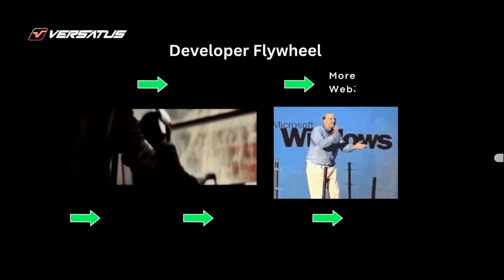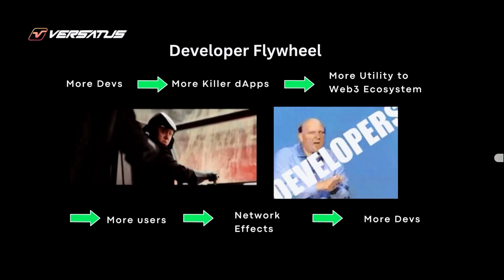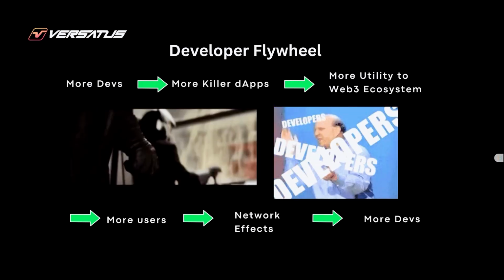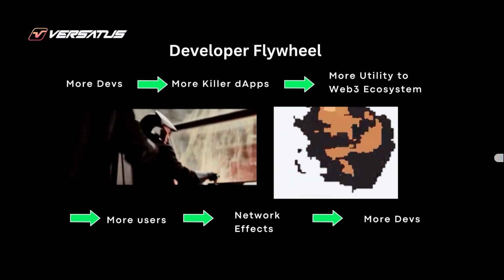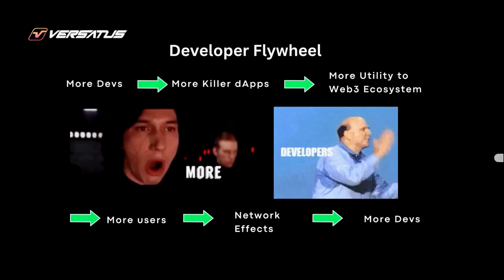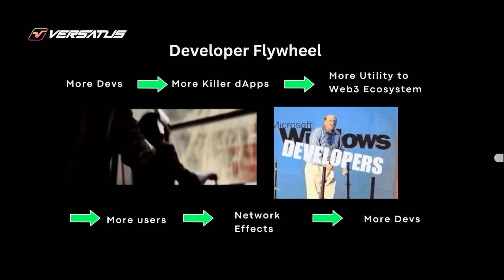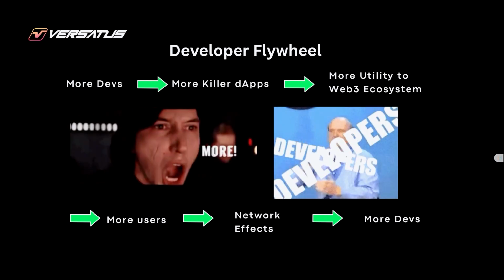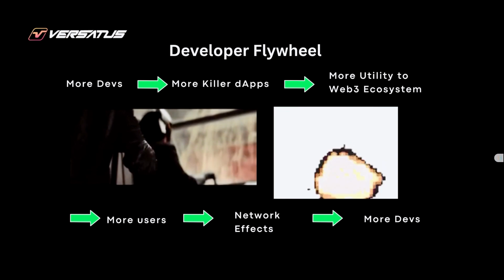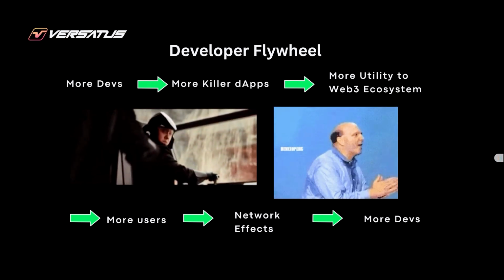So it's not enough to just focus on how to improve your killer dApp. You need to really focus on how to onboard and sustain developers and have the builders to help build, not just upon these killer dApps, but also bring more killer dApps, right? So that is what Versatus is doing.